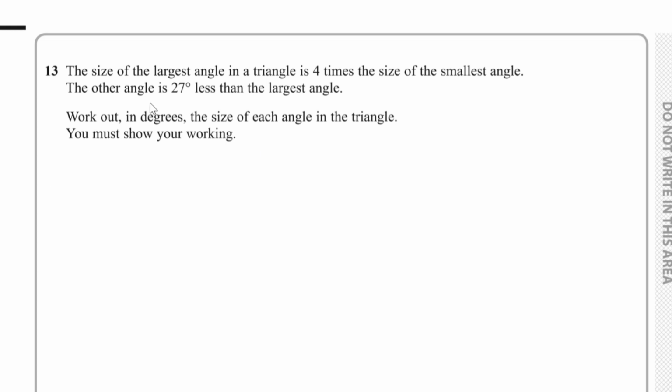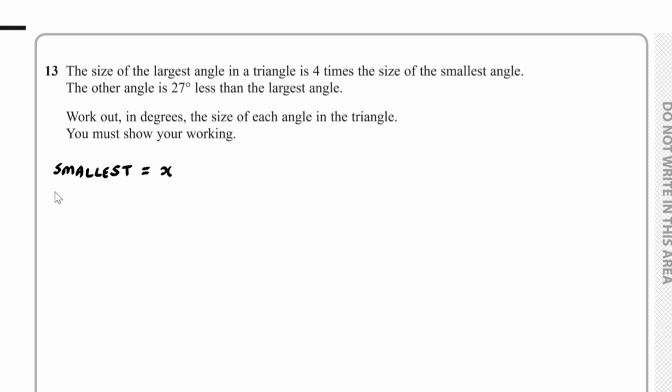Question number 13. The size of the largest angle in a triangle is 4 times the size of the smallest angle. The other angle is 27 degrees less than the largest angle. We have to work out in degrees the size of each angle in the triangle. You must show your working. Well, what we have is the smallest angle equaling x.